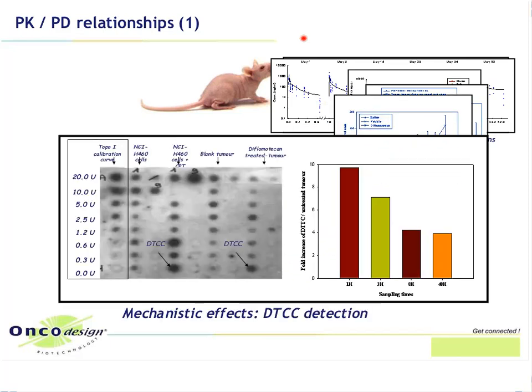We studied in subcutaneous tumors the mechanism of action of the drug by detecting the DNA topoisomerase 1 cleavable complex, the DTCC, in tumors treated by diflumotecan. This complex appeared within 1 hour after treatment and disappeared slowly within 2 days.